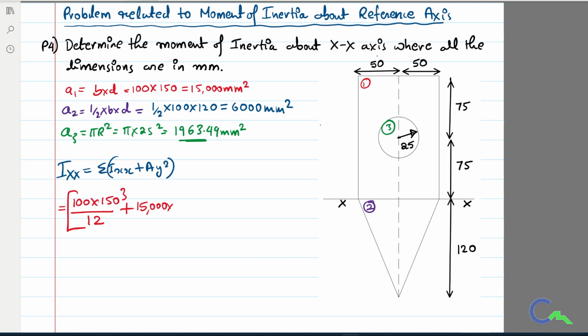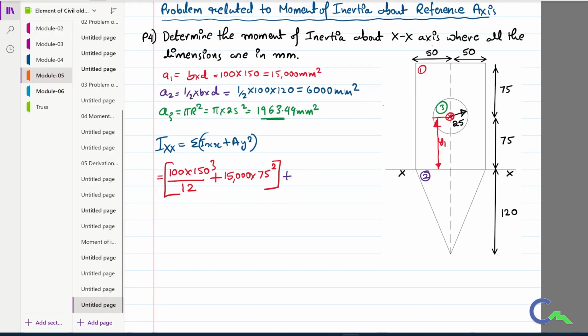Now the question is, what is the y value? That is the distance from the centroid of the rectangle, somewhere here, to the reference axis. The reference axis is xx, so this is y1, and directly I can say that it is 75 whole square. We'll come to the second one. The moment of inertia of the triangle is given by BD cube by 36.